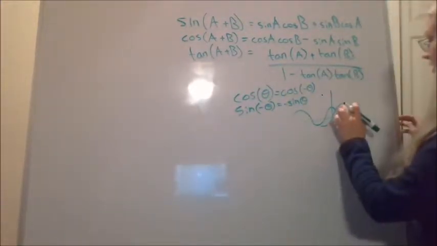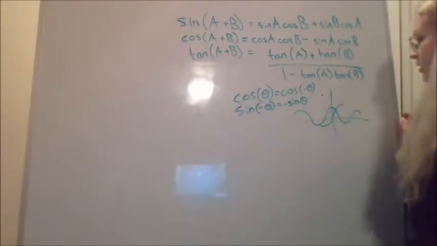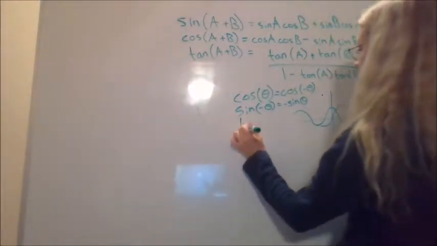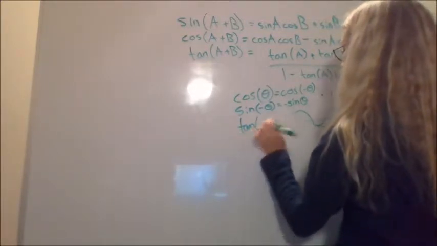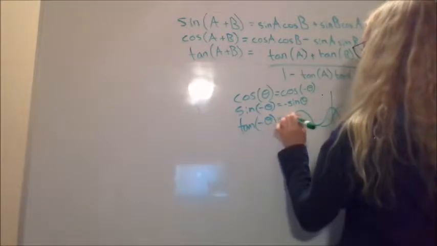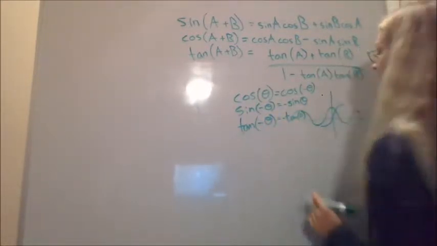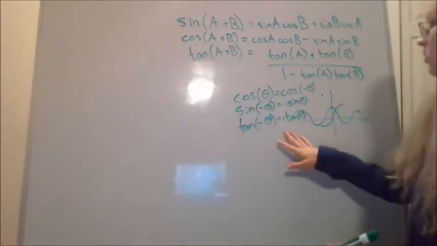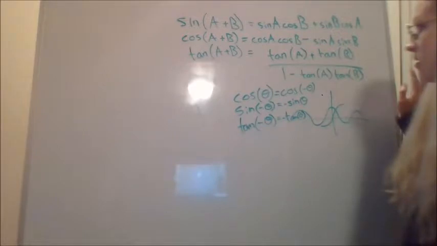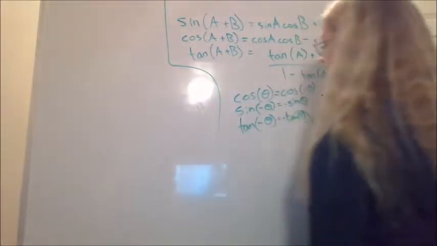So if we flipped it, it would be the negative. And now we have tangent, and tangent is also going to be an odd curve. So we need to take these three into consideration when we're trying to figure out the formulas for our difference identities. So let's go ahead and attempt to figure out these difference identities.